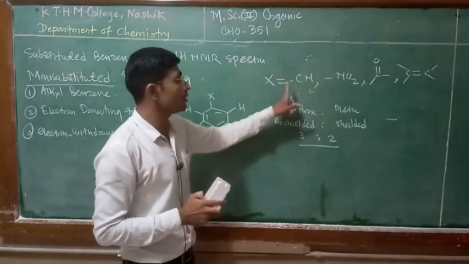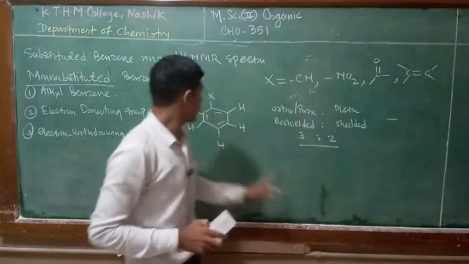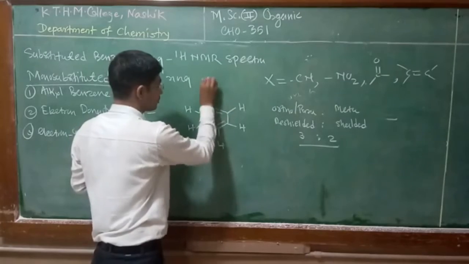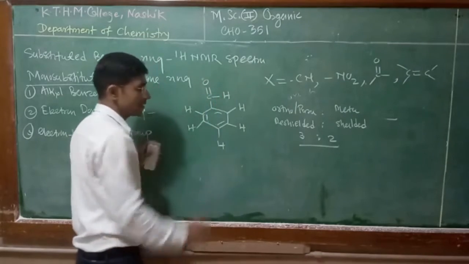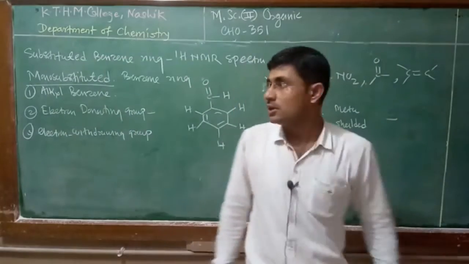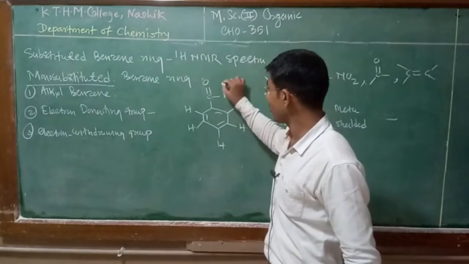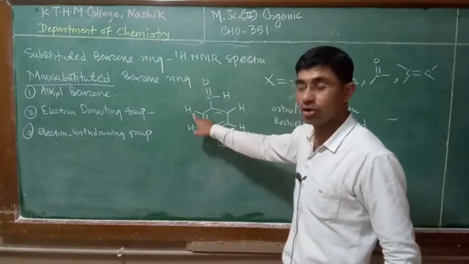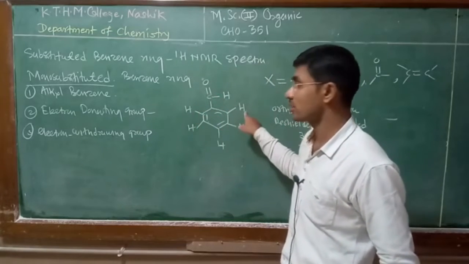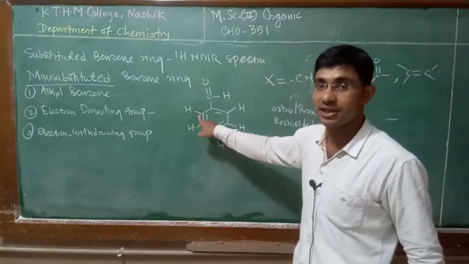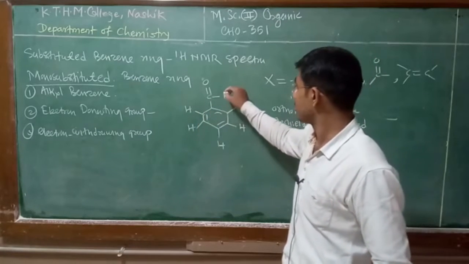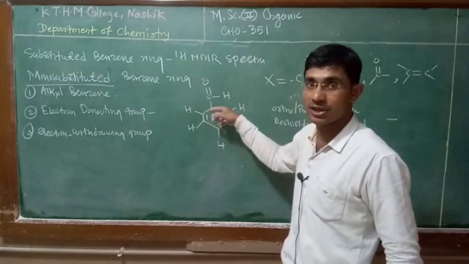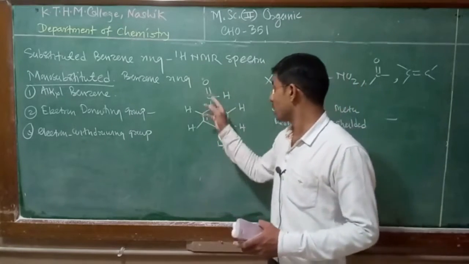When this group is directly attached over the aromatic carbon, these ortho protons actually come in the de-shielded region of the magnetic anisotropy generated by the pi electrons of this carbon-oxygen bond.